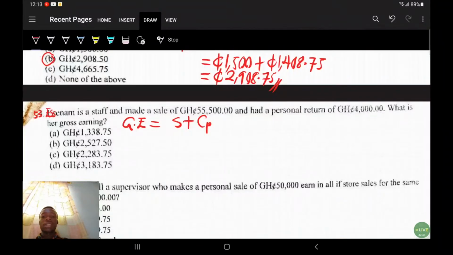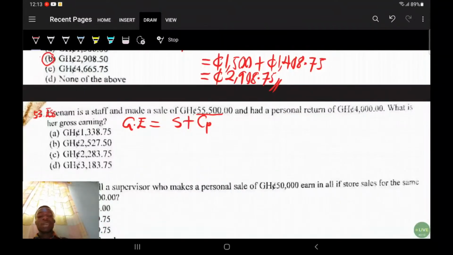Since he made sales of 55,500, for personal commission we are given a range: a minimum quota of 8,000 and a maximum quota of 50,000. Within that range you can earn a personal commission, and any other sales above that range, you won't earn any commission on.